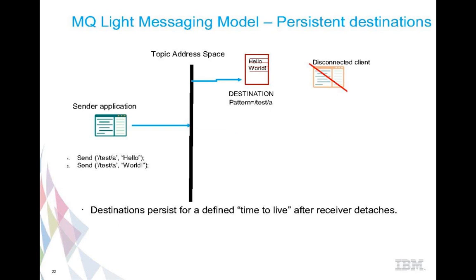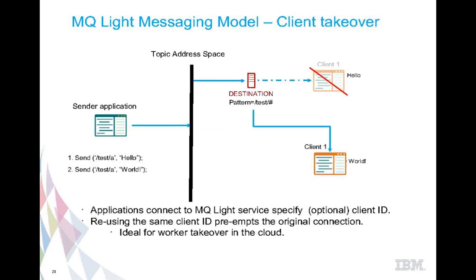And it has client takeover, which works by the unique client identifier that we use while creating a client instance. By reusing the same client ID at a later time, it gets the original connection that was created earlier, which means any messages which are in the destination can be got by the client when it reconnects.